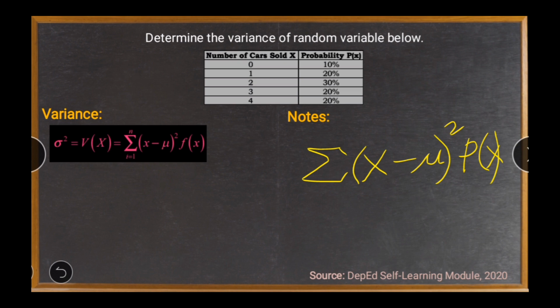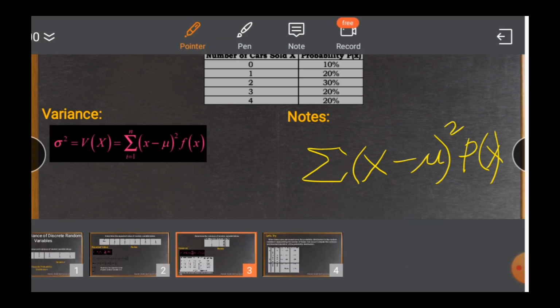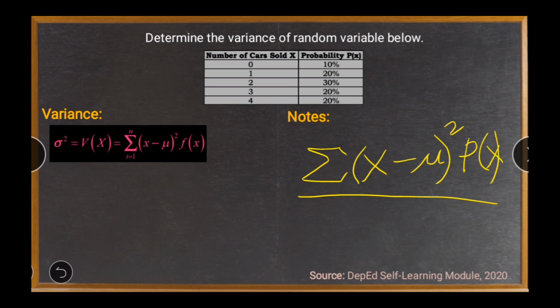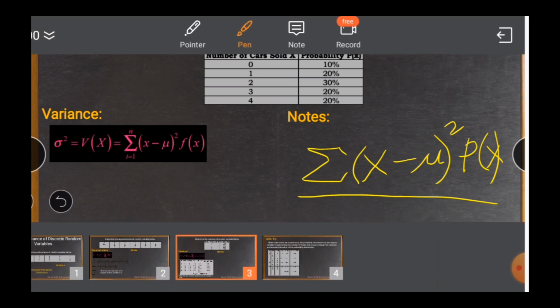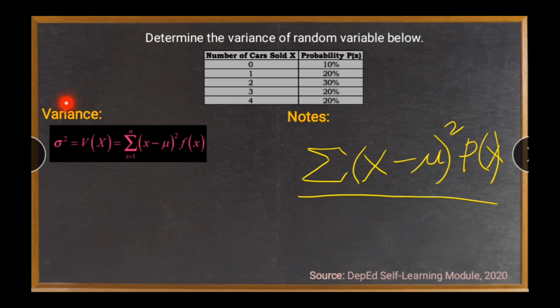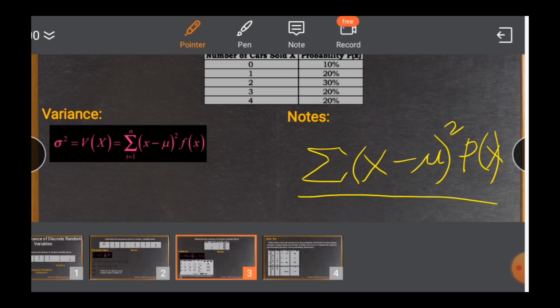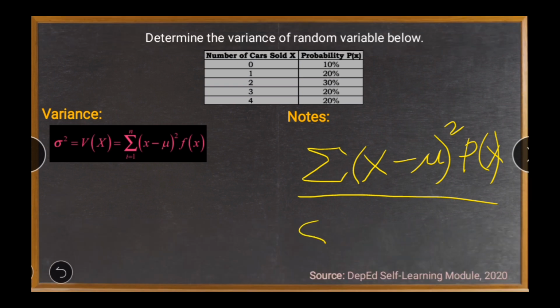Using this one, we can find, of course, the variance, and we can also find the standard deviation, usually known as SD, and that is symbolized with sigma only.